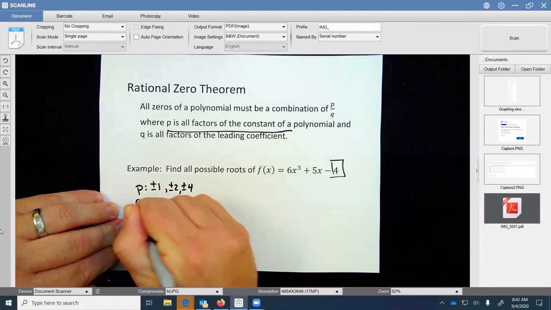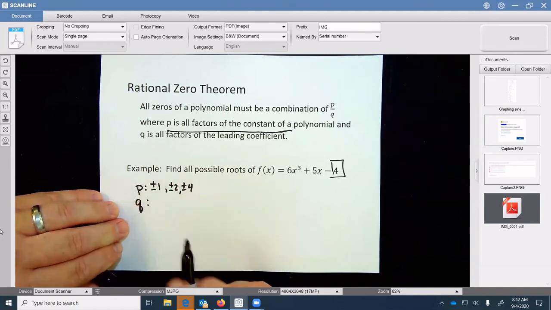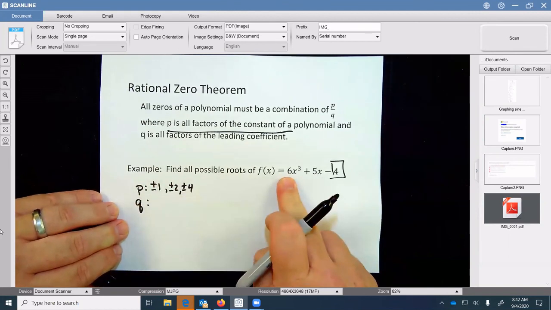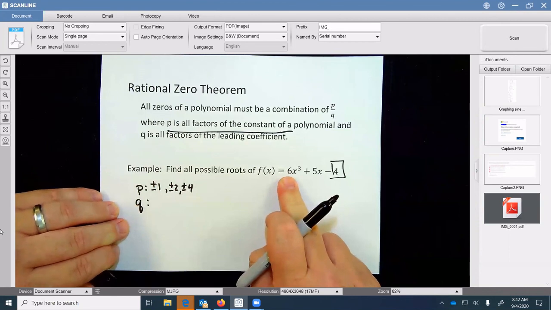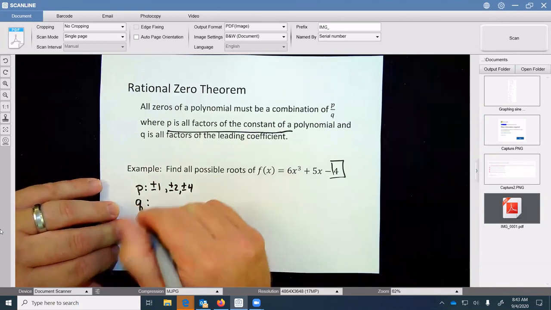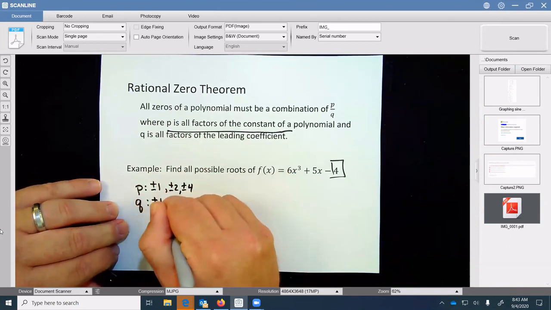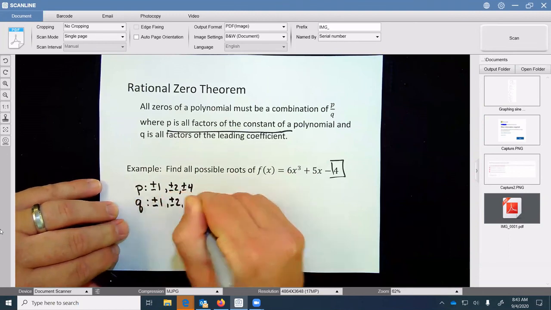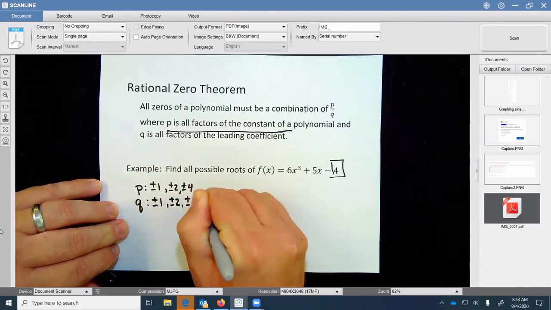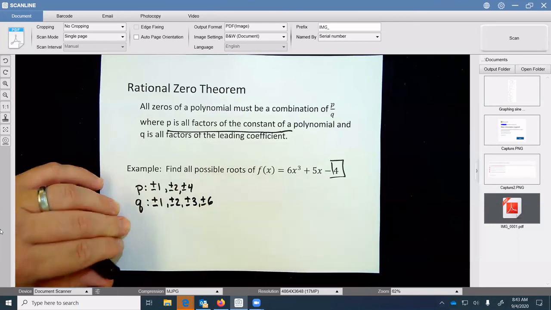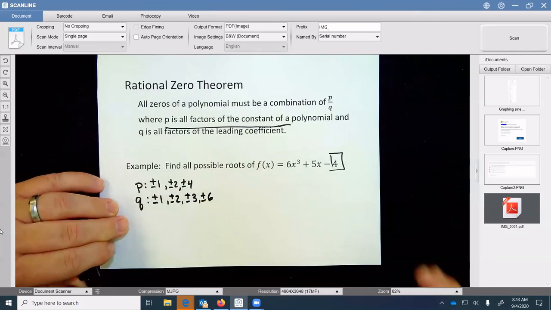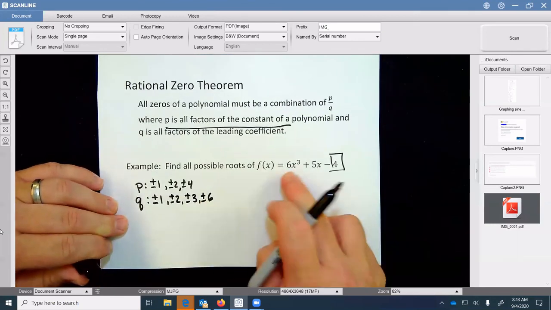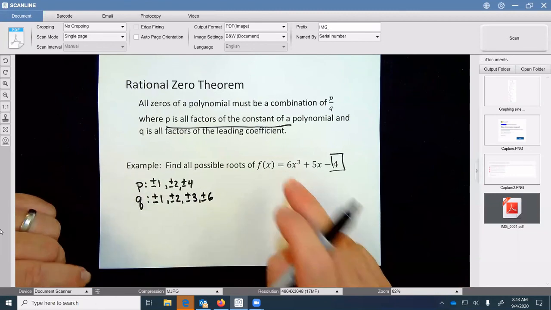Q is all the factors of the leading coefficient, the first one, 6. So the factors would be plus or minus 1, plus or minus 2, plus or minus 3, and plus or minus 6. Those are the only numbers that can go into 6. Those are all of its factors.